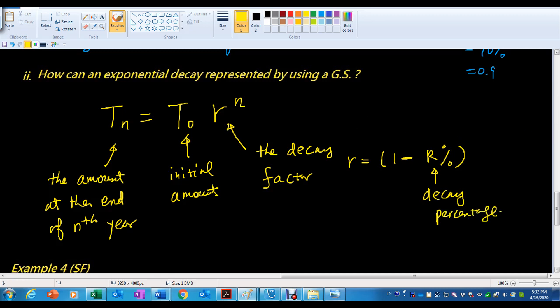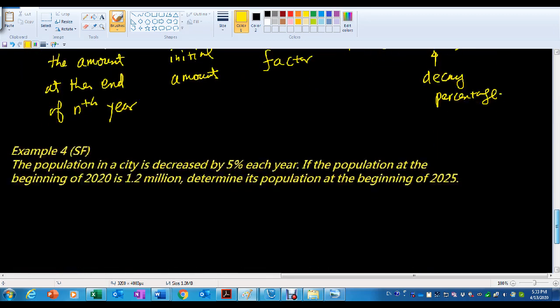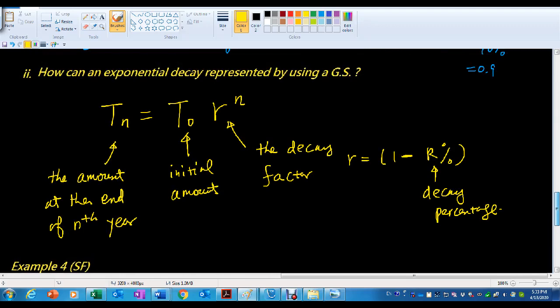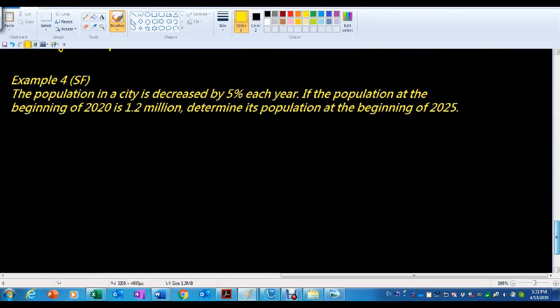So we are going to use the same formula again. Let's do one example. The population in a city decreased by 5% each year. So when you see decreased, that means it's exponential decay, right? By 5% each year.